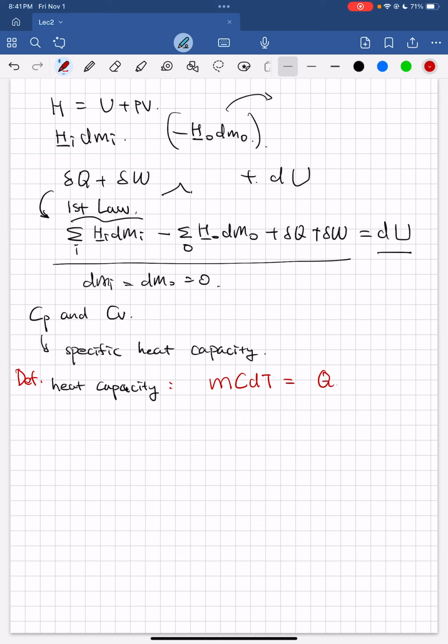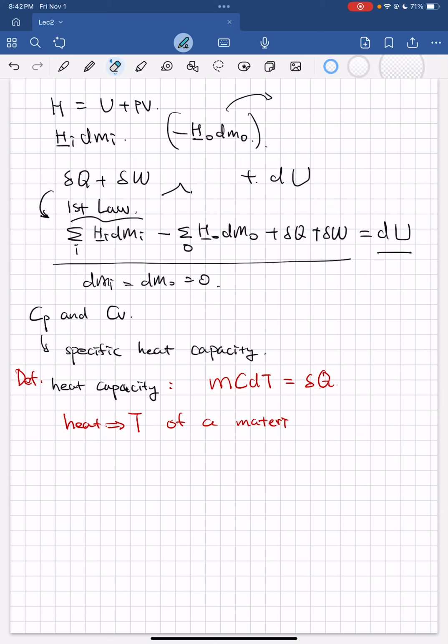This is the del q. Okay, so the amount of heat needed to increase the temperature of a system or material, let's say material, of the amount.